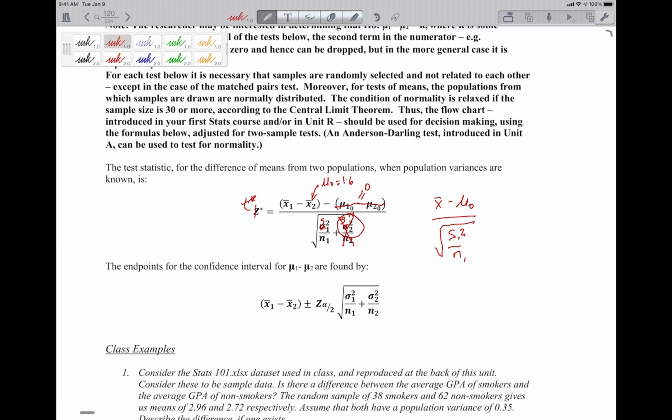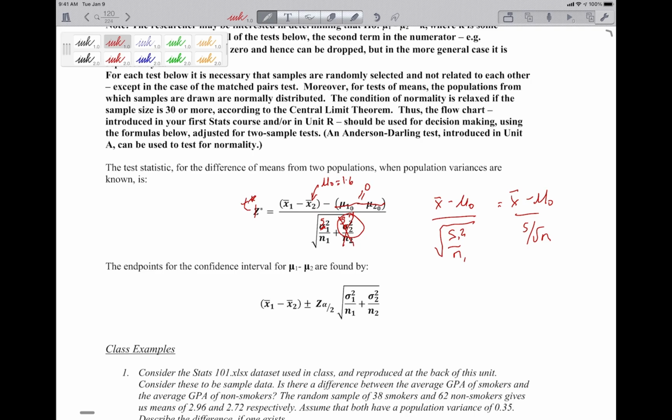If you took the S1 squared out of the square root, you just have S, and then you've got over the square root of N, right? So that's how we fool the computer into thinking that we have two samples, when in fact we only have one.